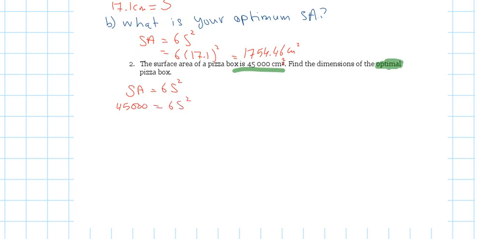So first divide by 6. And that's going to give you 7,500. And then? And then that is going to give you, when you square root both sides, 86.6 centimeter.